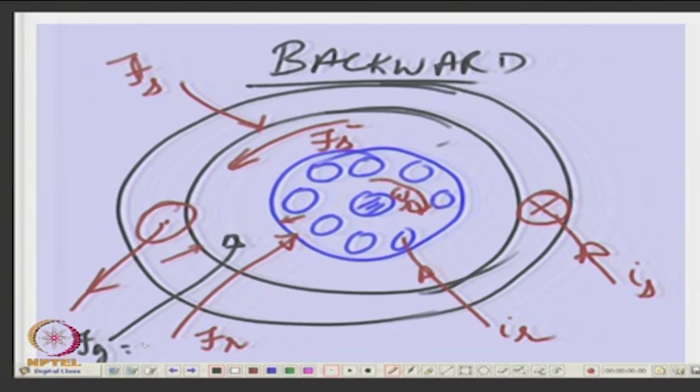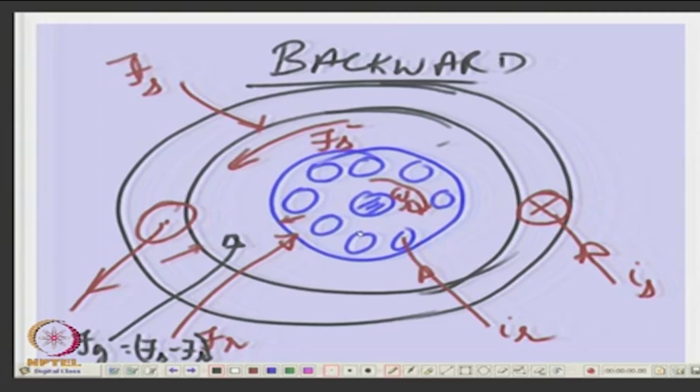Again it will be equal to Fs minus Fr. Agreed? Stator has assumed MMF, say it is 10 units, rotor assumed MMF 9 units, the gap MMF will be 1 unit.